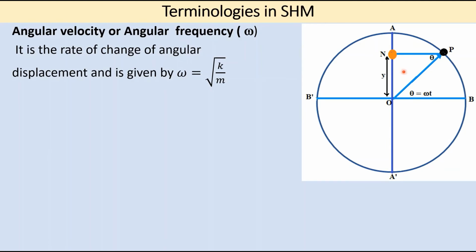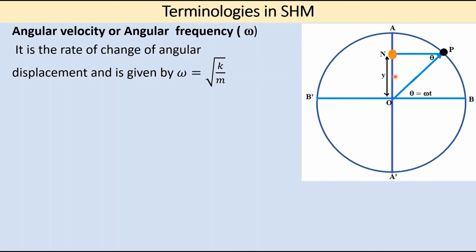So the movement of this foot of the perpendicular N represents the simple harmonic motion. Therefore, angular frequency is also defined as the angle covered in unit time by the representing point moving on the circle whose motion is correlated to the motion of the vibrating body.